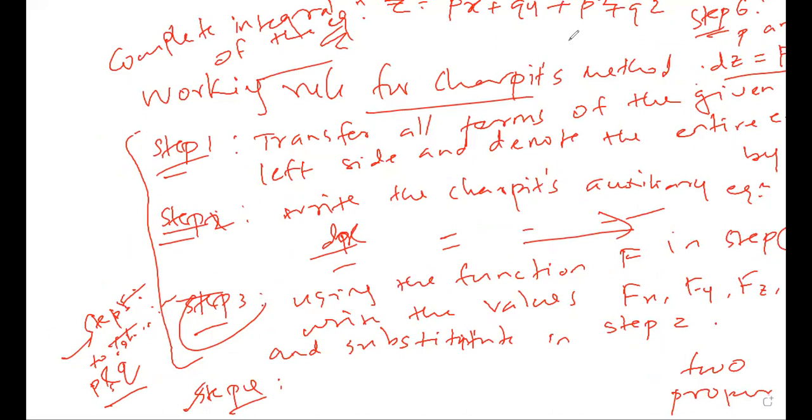Sorry about that. So let's do that as an example: find the complete integral of the equation. Let's do our earlier example. It is p squared plus q squared times y minus qz is equal to 0.